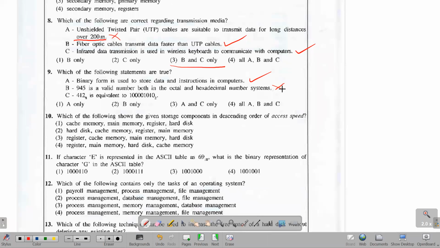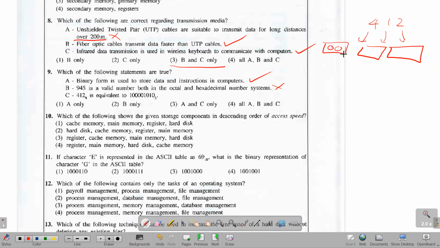412 in base 8 is equivalent to 1 0 0 0 0 1 0 1 0 1 0. So what is the easiest way that we can check this? 412. We are going to write it in groups of three bits.